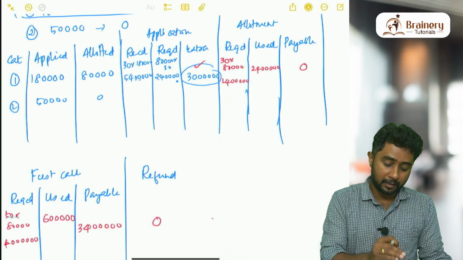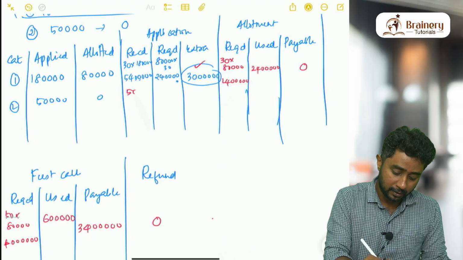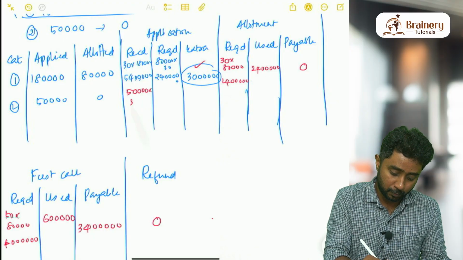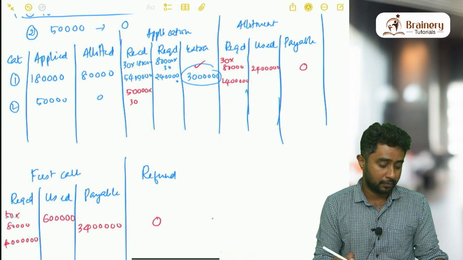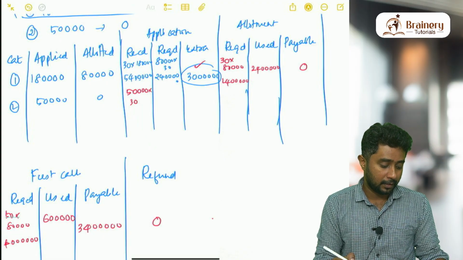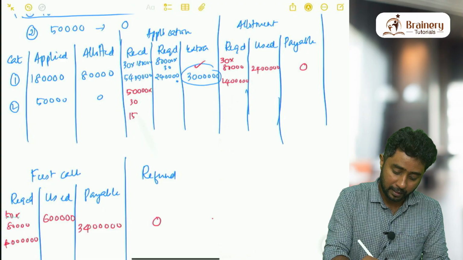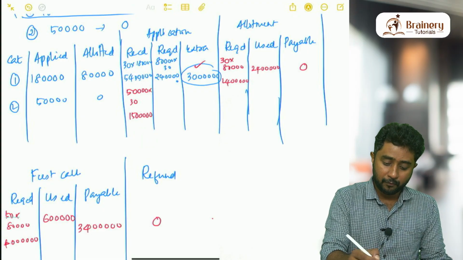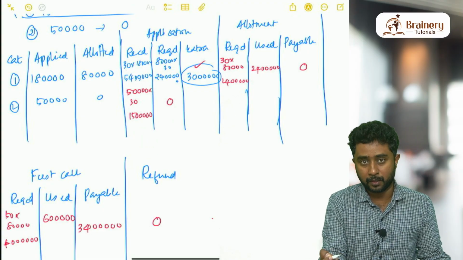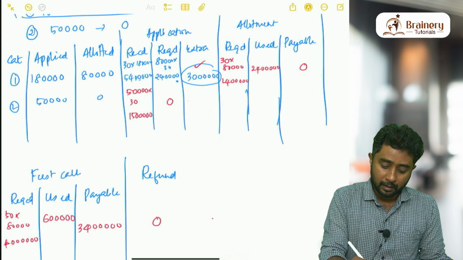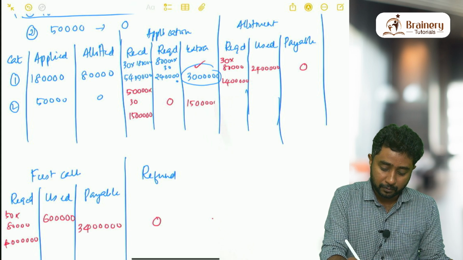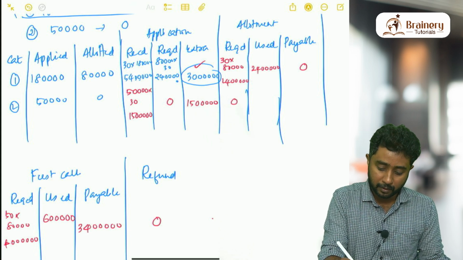Second case is 50,000. Those who applied for 50,000 shares, obviously they must have paid 30 rupees application money. So 50,000 into 30, how much will you get? 15 lakhs they have paid. We don't need any money from them, so required is nothing. The extra amount that they have paid is 15 lakhs. At allotment time, we don't need anything from them.